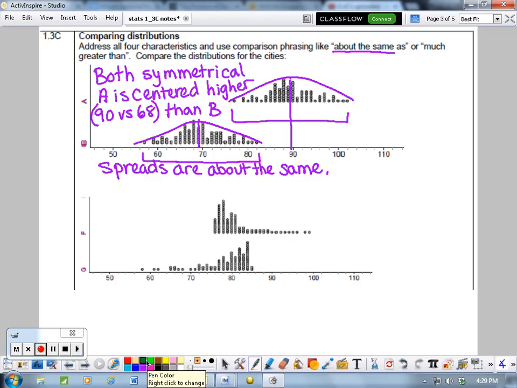Okay, so now we're going to look at the next one. We've got distributions F and G. So let's look at F. Definitely a right skewed distribution, where G is definitely a left skewed distribution.